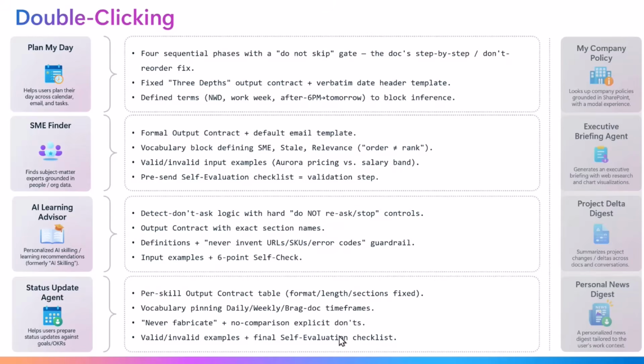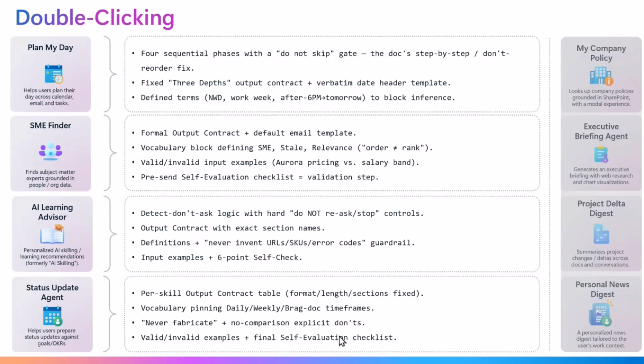So if you look at Plan My Day, for example, we have certain gates that we've given this. For example, don't skip this step, don't reorder. We've given it an output contract. And you'll see why we've done all of this later, but I'm just going to call out certain keywords that, if you have a tissue paper handy or something, please note down. So we've given it a sequential process to follow.